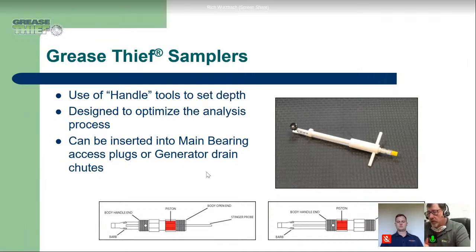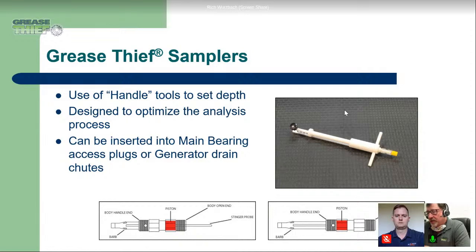So we're showing here some of what the Grease Thief looks like, the different styles that are there, as well as this T-handle design that was really designed for main bearings in Denmark. We were in Denmark and we had a prototype. It wasn't quite right. It didn't give us the ability to reach as far as we needed to go, or really to precisely vary the depth that we take that sample, trying to get it right at the face of the rolling elements.